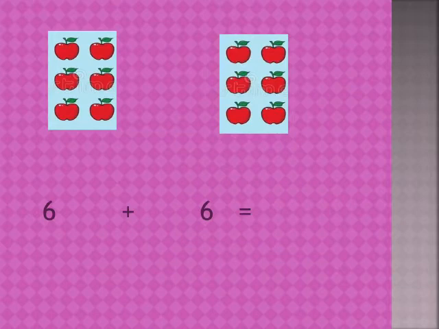Now 6 and 6 apples will be how much? Count them together. Yes, the answer is 12.